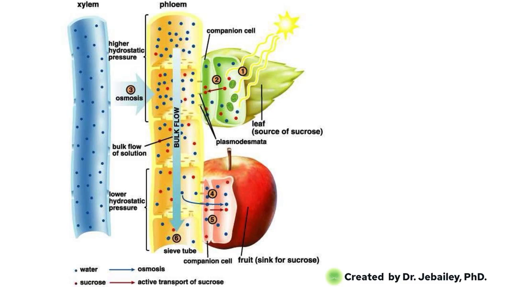So what are the important things that you have to remember about this? You need to know the sources are basically the leaf, and the sinks are such as the root and the fruit. You also have to mention how the active transport is helped by the companion cells, which have mitochondria to produce ATP.